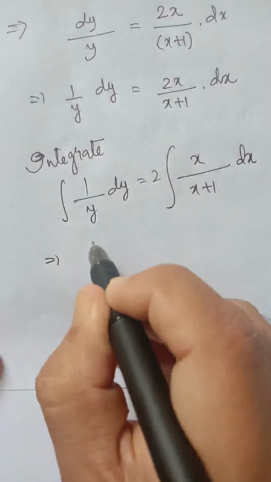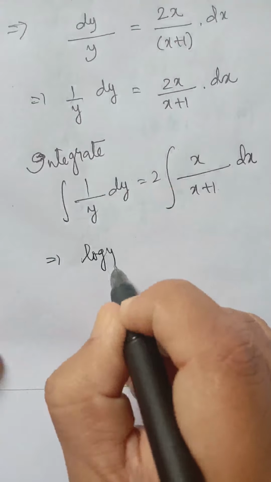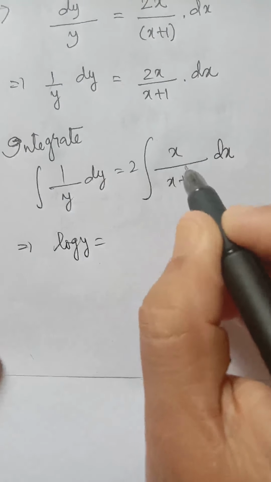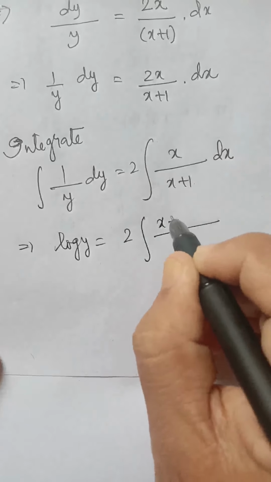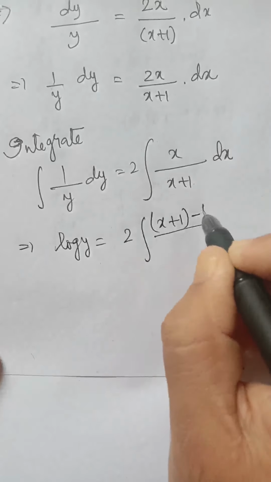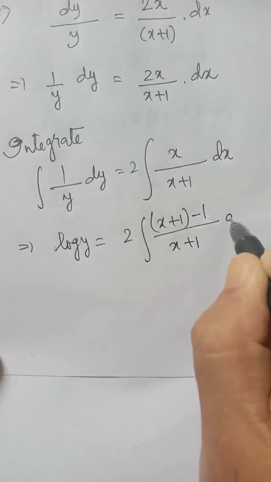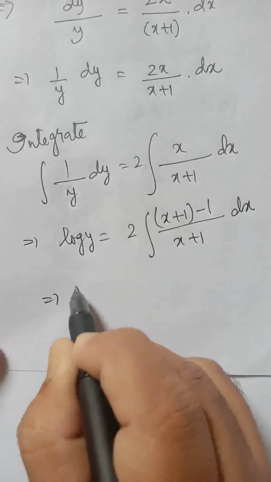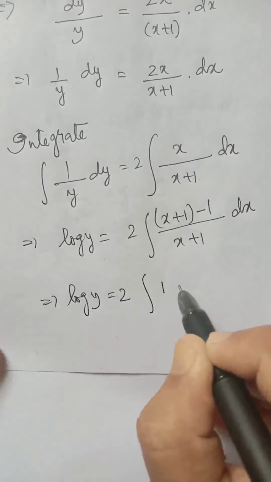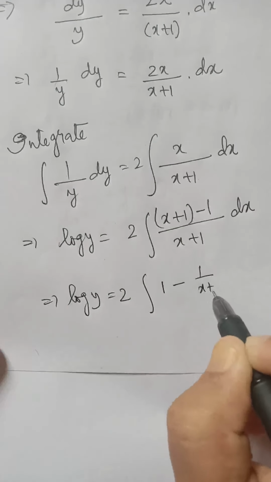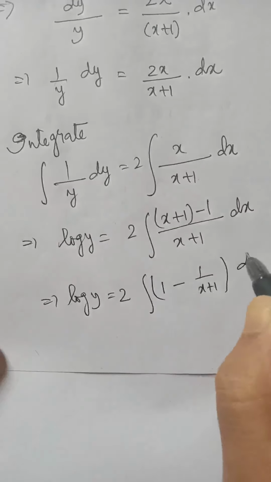Now integration of this is log y. And how to integrate this part? For that we'll write x in this way, (x + 1) minus 1, over (x + 1) dx. So log y equal to, we can write 2 into the integration of 1 minus 1/(x + 1) dx.